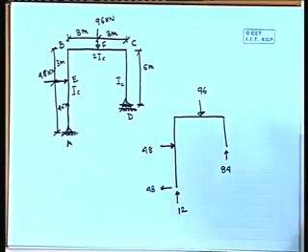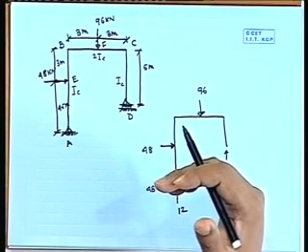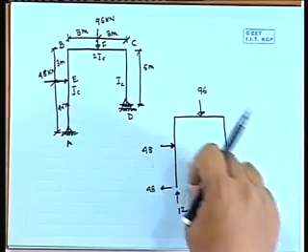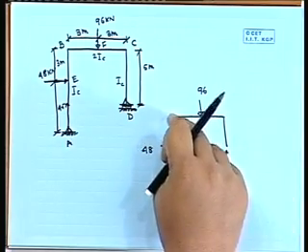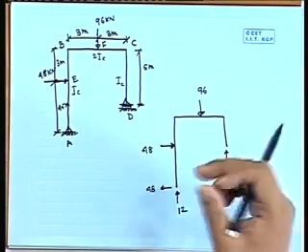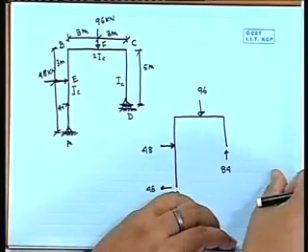Now the next job is to divide the entire structure into segments, because from here to here is one segment, from here to here another segment. So I have defined different segments and will try to find the expression for the bending moment.